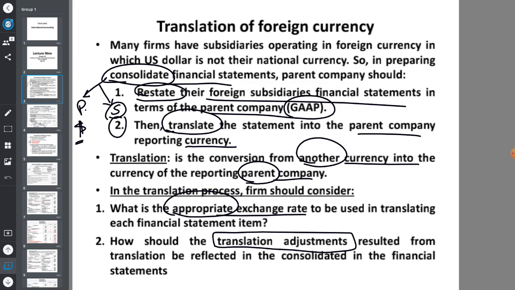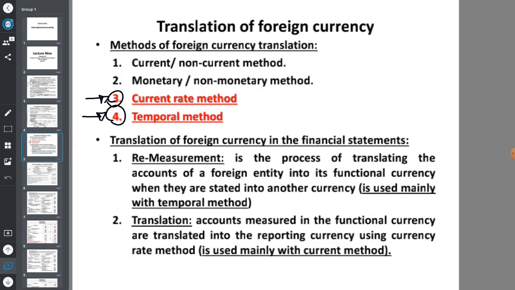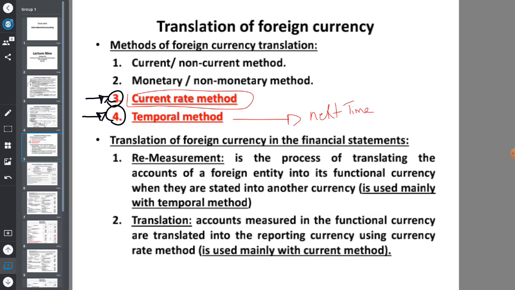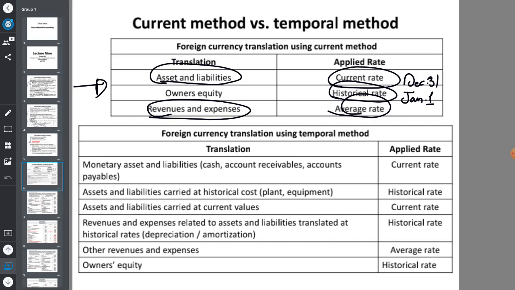Then how to report translation adjustment. الطريقة اللي احنا اتكلمنا عليها النهارده احنا اتكلمنا على ال current rate method ده اللي احنا خدناه النهارده. الtemporal you are going to discuss it next time. لما كنا نتكلم على ال current rate method قلنا assets و liabilities I'm going to use for them current rate. owner's equity historical rate revenues و expenses average rate. وخدنا أكتر من مثال وازاي نحسب translation adjustment.